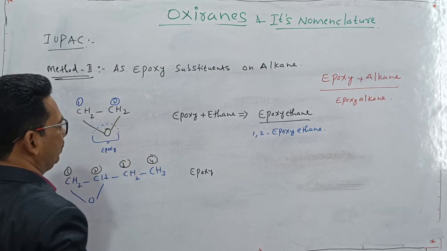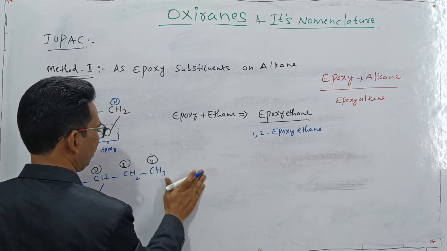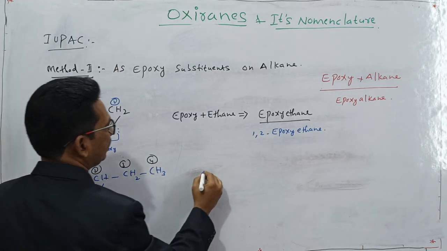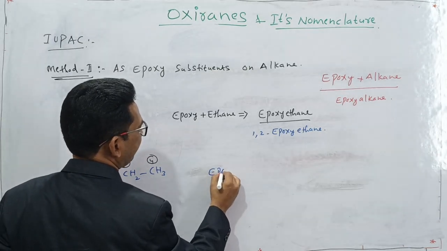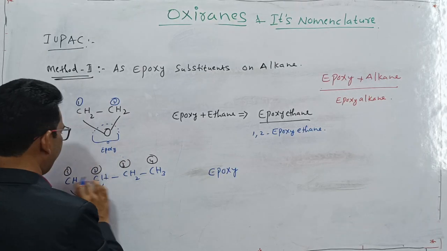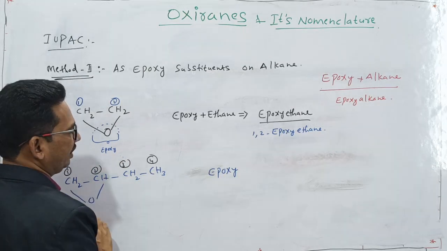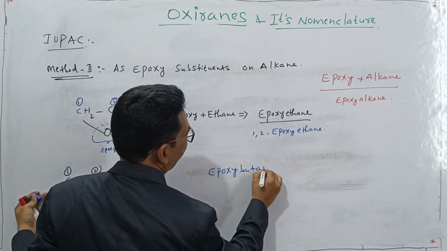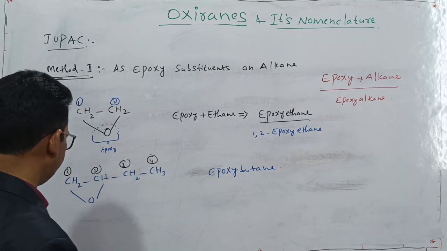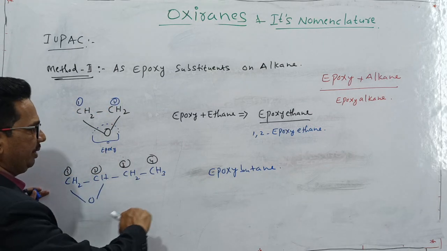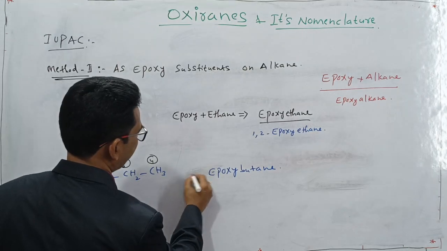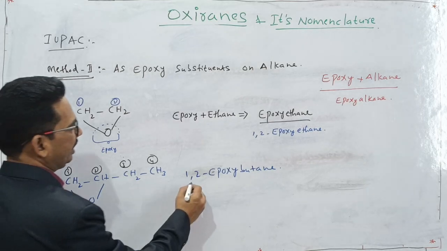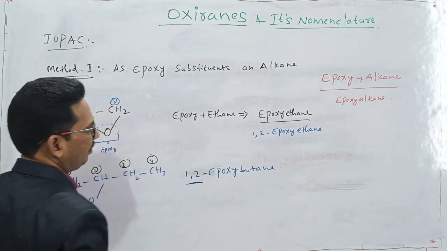In this case you can see we are giving 1 and 2 here also; epoxy will be present on 1 and 2. That's why for this also I am writing epoxy. Then how many carbons? 1, 2, 3, 4. What is the normal chain name? Butane. Epoxy butane. Like this. If 5 carbons, epoxy pentane. That also, what did I tell? 1,2-epoxy butane, because epoxy is present on 1 and 2.